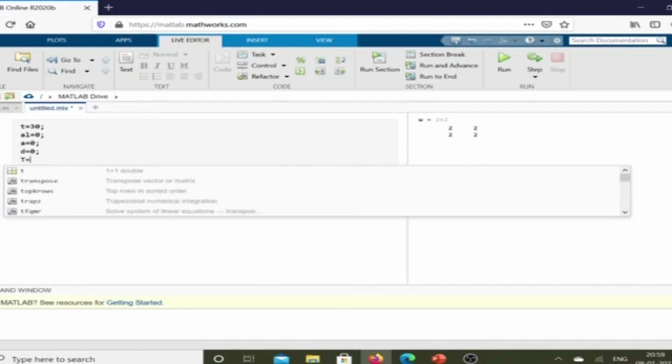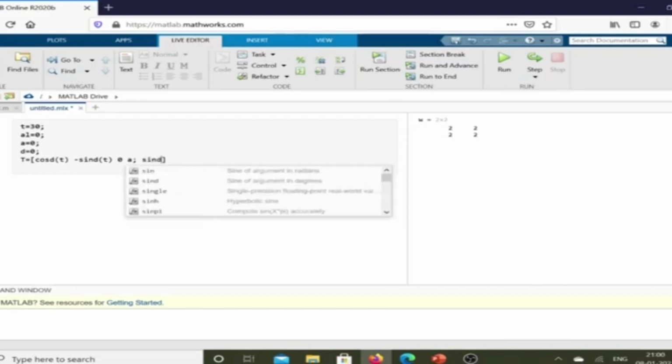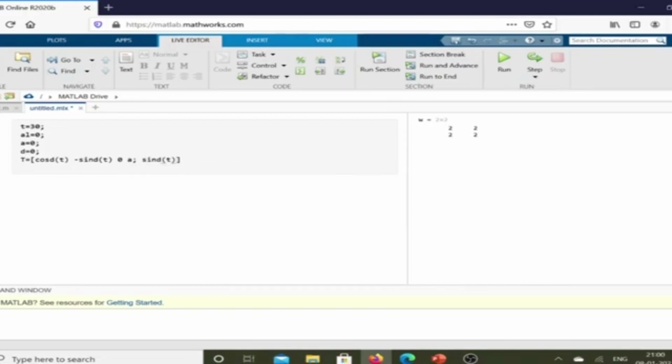So the transformation matrix T is equal to the matrix. The first term is cos theta, minus sin theta, so I'm going to write cos D into T, minus sin D into T, then it is 0, then it is A, that's the first row. What is the second row? The second row is sin D into T multiplied by cos D into alpha, so that's the first term.